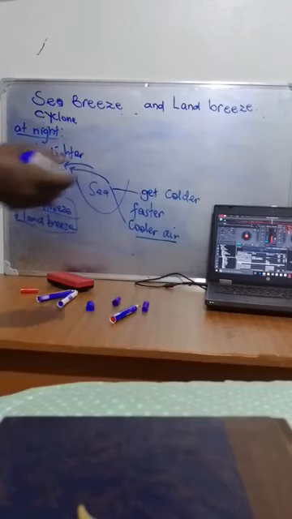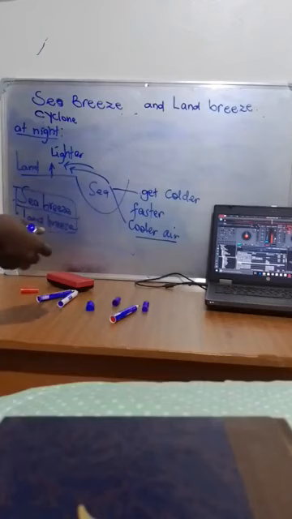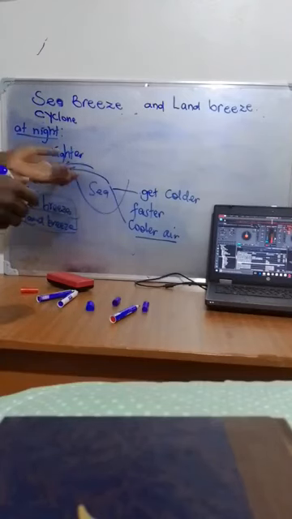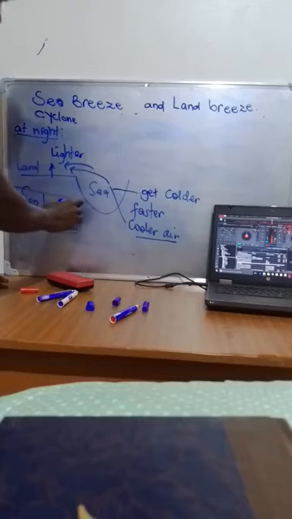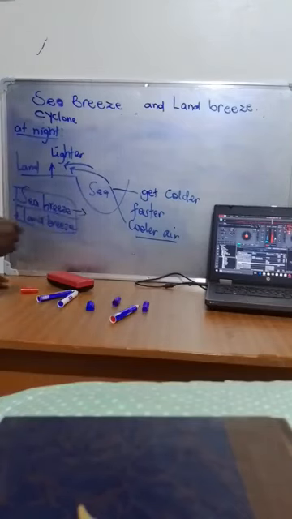One, it may have rained, or it's about to rain, so one area gets cooled faster. For example, sea breeze and land breeze taking place during the day, whereby we are having air leaving the sea and we are having air leaving the land at the same time.